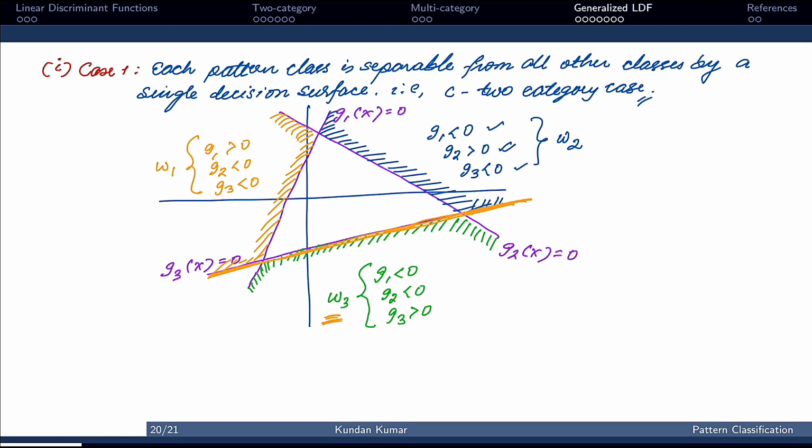In this case we also have an ambiguous region where we cannot decide whether the sample belongs to class 1, 2 or 3.